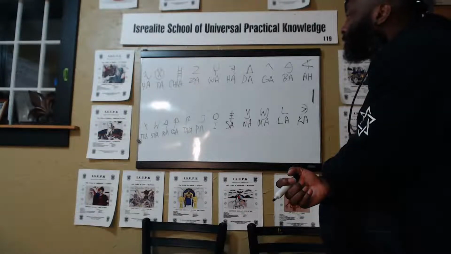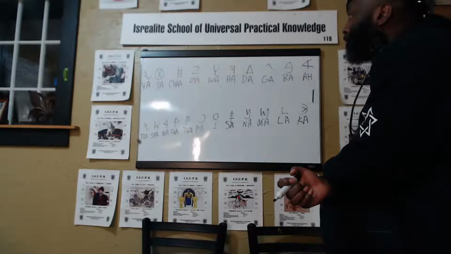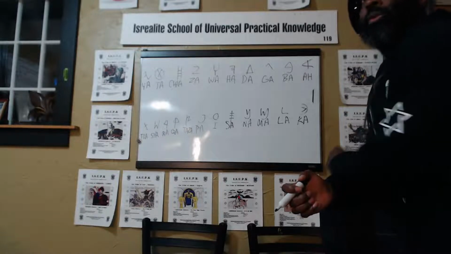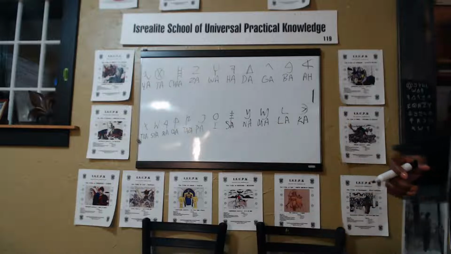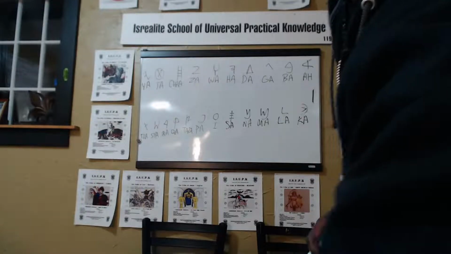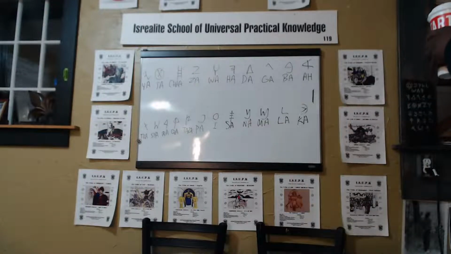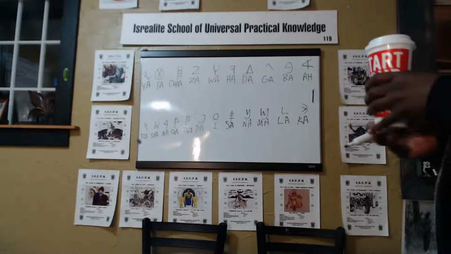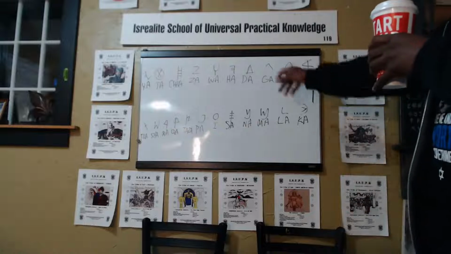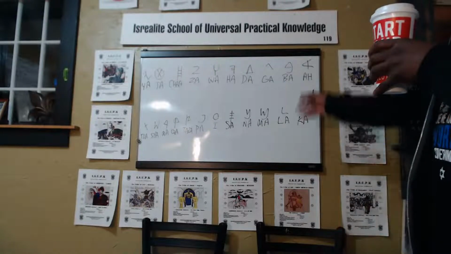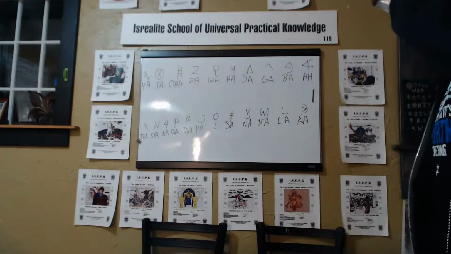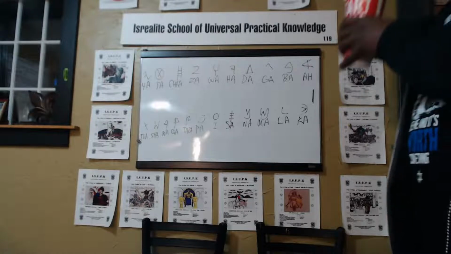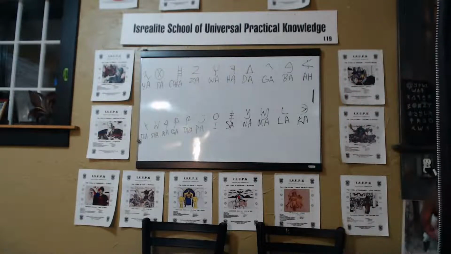A, B, C, D, E, F, G, H, I, J, K. Oh, you mean like the sound it represents, or just the letter? Just the letter. 26 letters, right? And there's 22 Hebrew letters. But a Y could be like Yah, or a W would be like Wah. Well, you don't have a U here. There's no U. There's no E. I, E, O, U, so that's three, but there's a fourth one to make it 26.